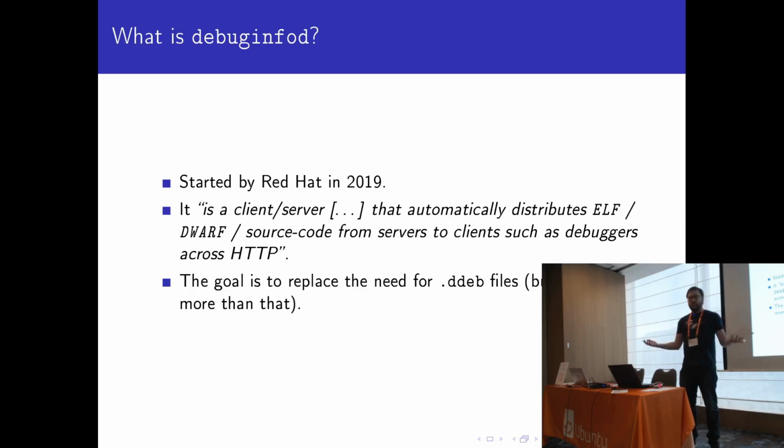You just have to fire up GDB. GDB will do its job behind the scenes, recognize which Debuginfod server it needs, contact it, and ask for the debug info. It can do more than that, and I'm going to get into it by the end of this talk.